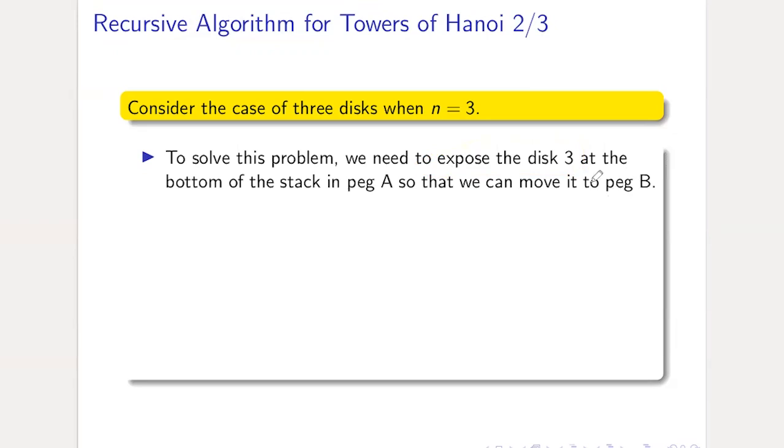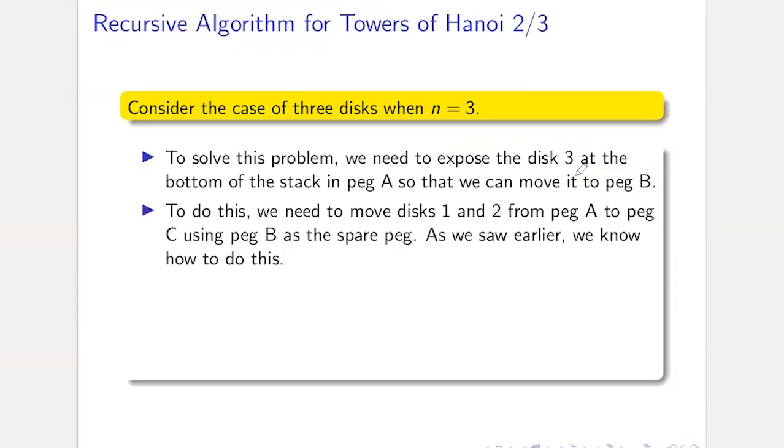At that point, peg B should be available, it should be free. Now we can do this easily by considering the 2 disk scenario.